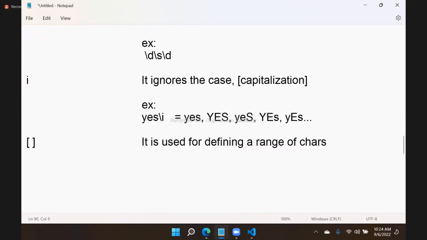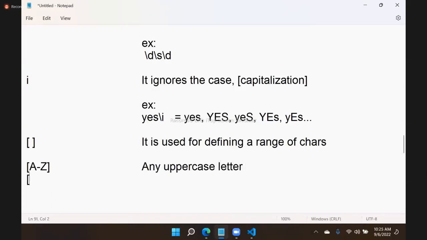Suppose you write A hyphen Z in uppercase as an expression like this. This indicates any uppercase letter only, no lowercase.